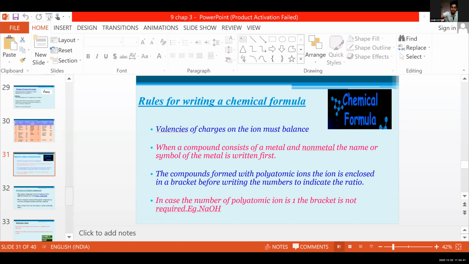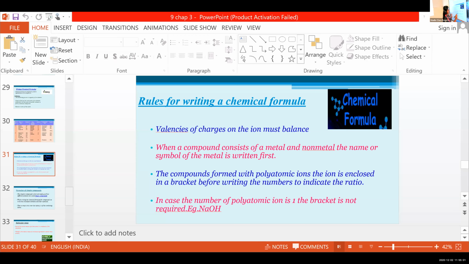Na is a metal and that is written first, right? In this way, the symbol of the metal is written first.